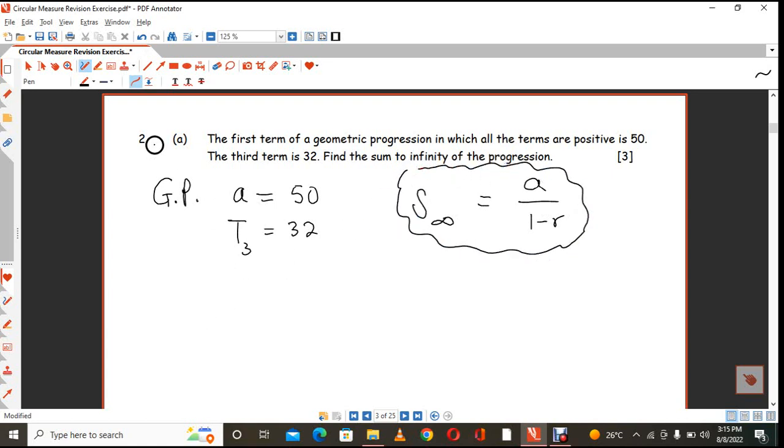In order for us to find the sum to infinity, we need to know the value of R. Let's say this is my first equation and that's my second.